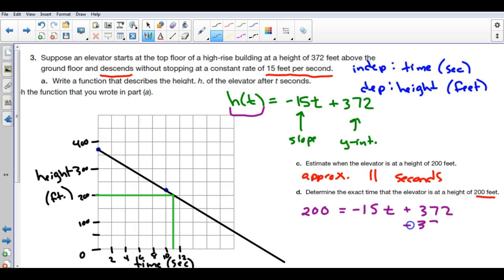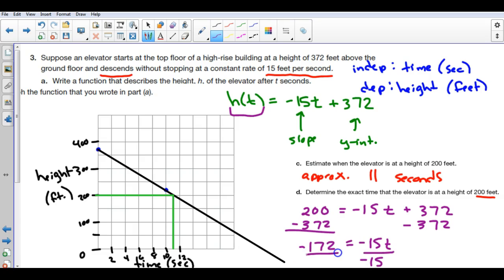So what I'm going to do is subtract 372 on both sides. So I get 200 minus 372, and don't freak out, it's going to be a negative 172, but notice I also have a negative on the right side. So at the very end of this problem, you have negative 172 equals negative 15t.